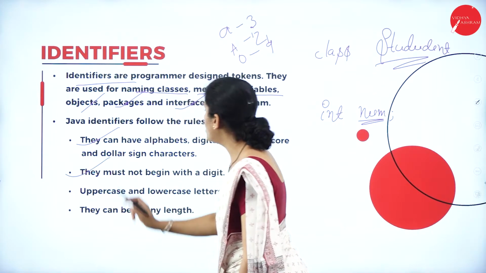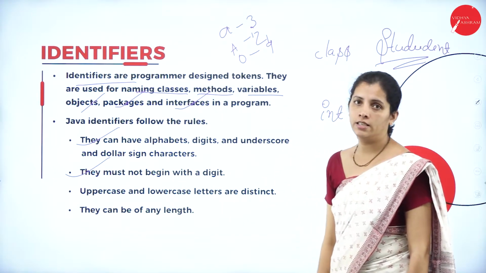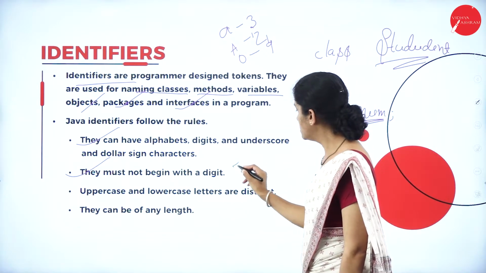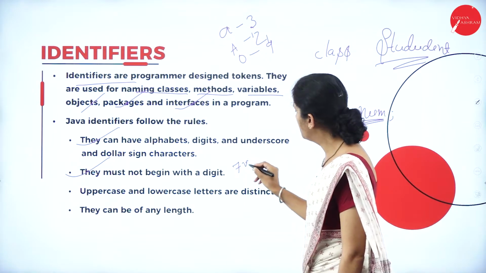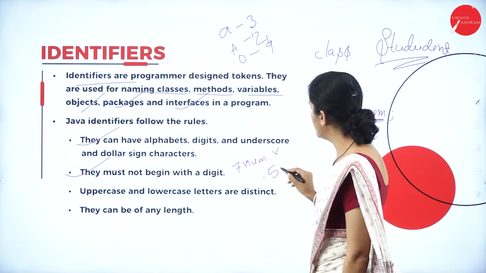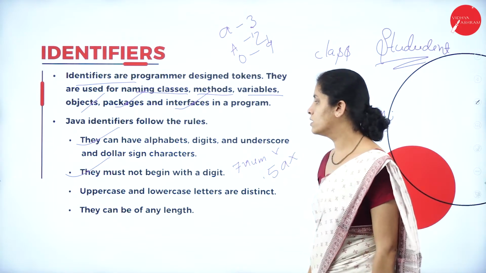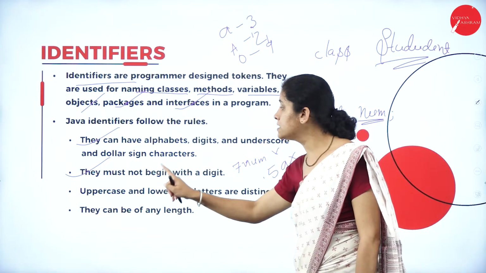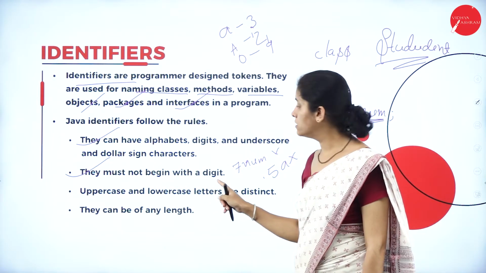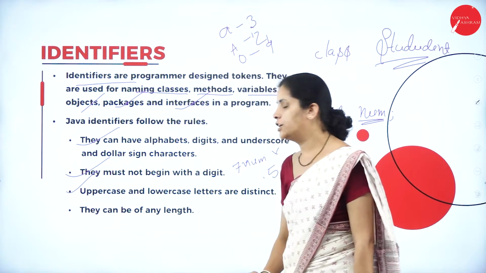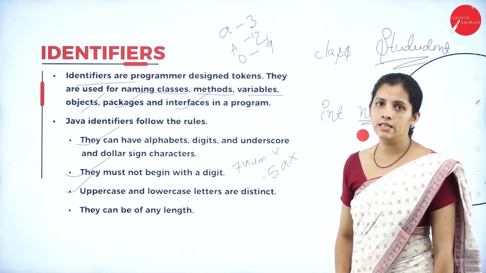They must not begin with a digit. That means I cannot write 7number, this is wrong, or 5way, this is wrong. That means the identifier must not begin with a digit. Then uppercase and lowercase letters are distinct.